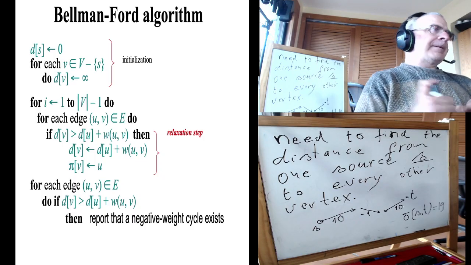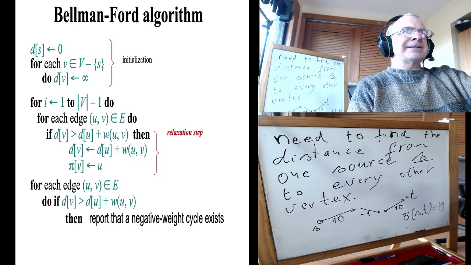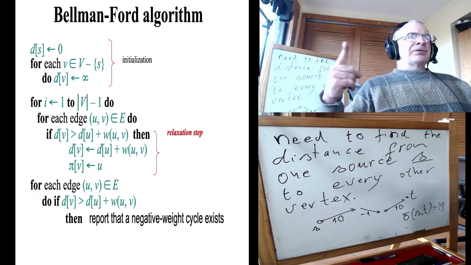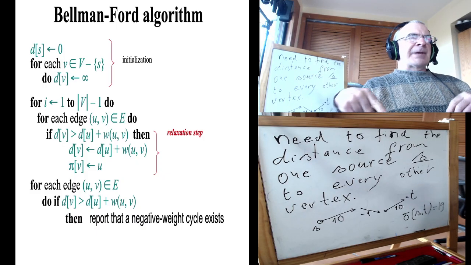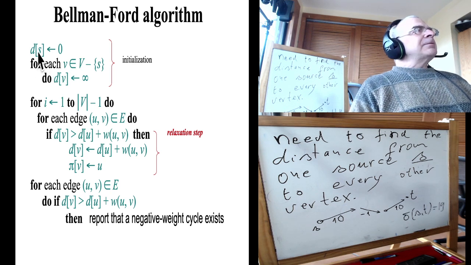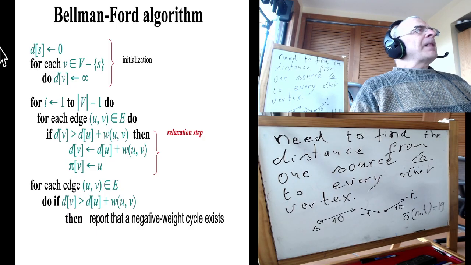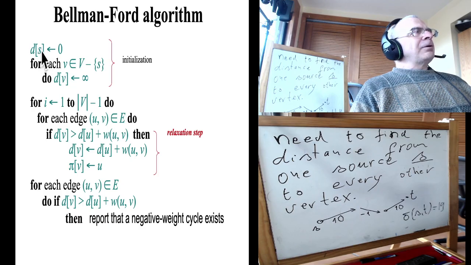Delta, as we saw last class, tells me the distance from S to T, the length of the shortest path from S to T. We start, and the source, small s, is a unique vertex. We give this vertex a value of 0.